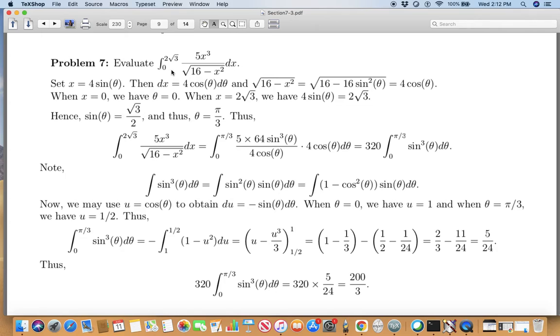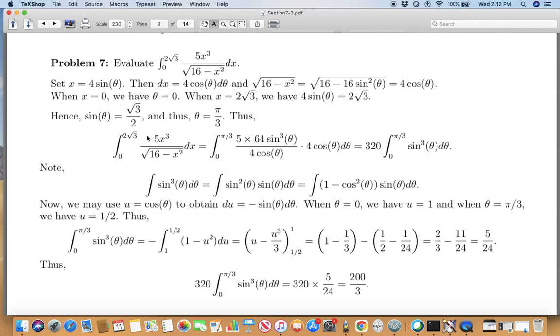Now don't forget limits of integration. When x is 0, you have 4 sine theta equals 0. Sine theta is 0, so theta is 0. When x is 2 square root 3, you have 4 sine theta equal to 2 square root 3. So divide by 4, sine theta is root 3 over 2. If sine theta is root 3 over 2, theta is pi over 3.